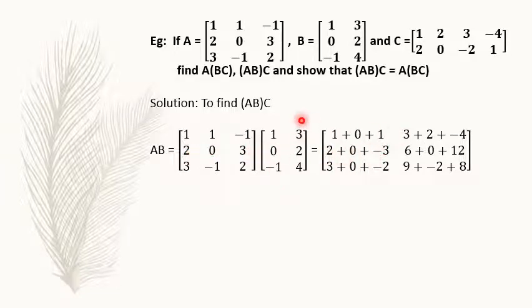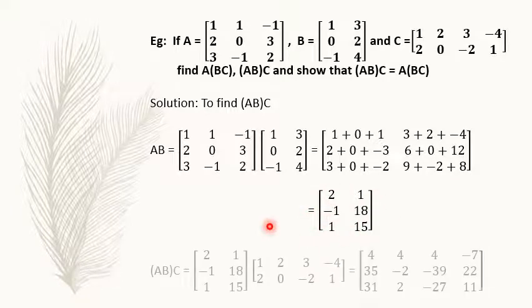Second row with the second column gives this number, 2 into 3 plus 0 into 2 plus 3 into 4. Next, third row with the first column gives this number. Third row with the second column gives this number. Hence, the product of the two matrices A and B is a 3 by 2 matrix.